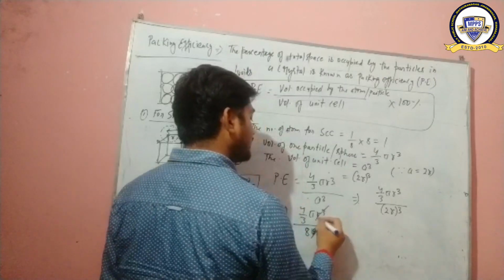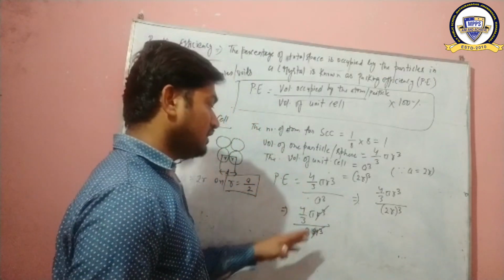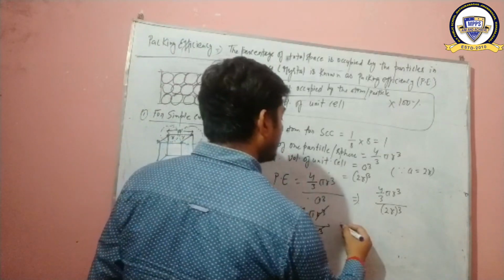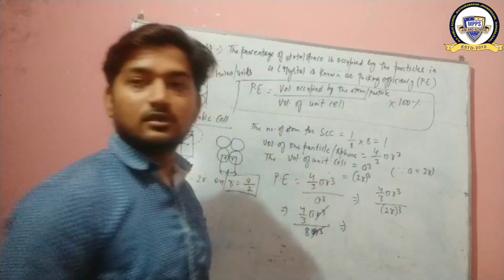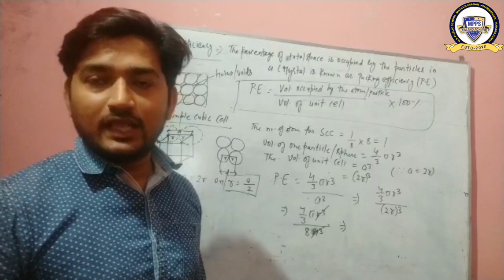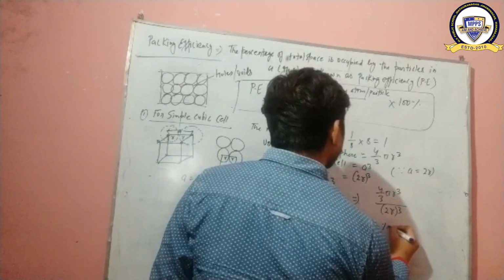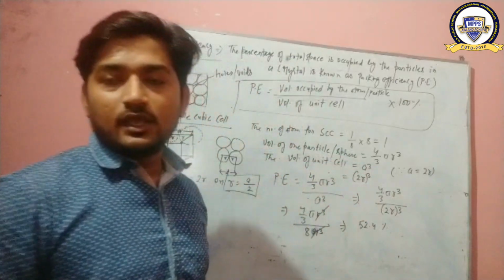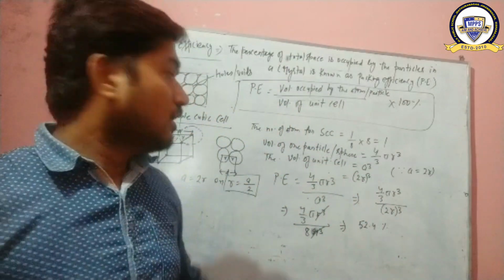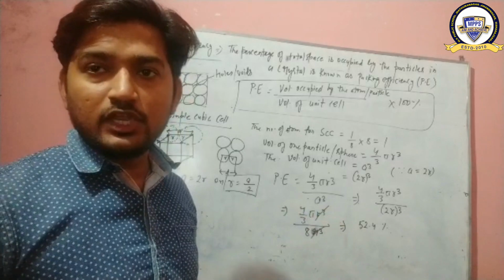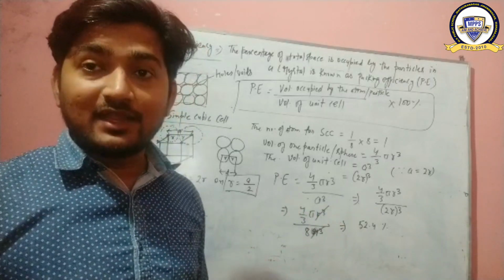This r cube cancels. 4 by 3 pi divided by 8. If you solve this equation, you will get 52.4%.